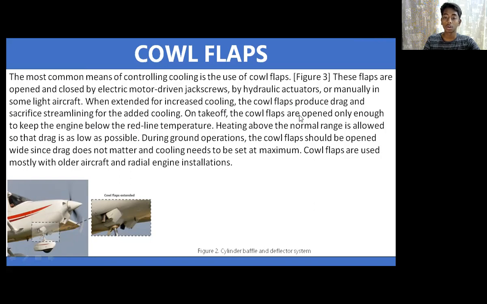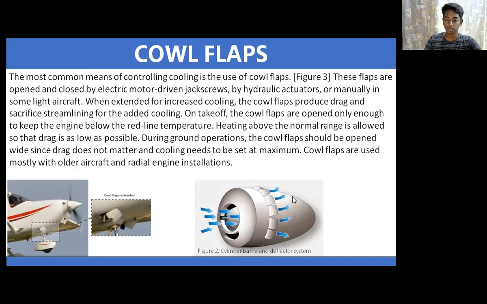On takeoff, the cowl flaps are opened only enough to keep the engine below the red line temperature. Heating above the normal range is allowed so that drag is as low as possible. During ground operations, the cowl flaps should be opened wide since drag does not matter and cooling needs to be at maximum. Cowl flaps are used mostly with older aircraft and radial engine installations.